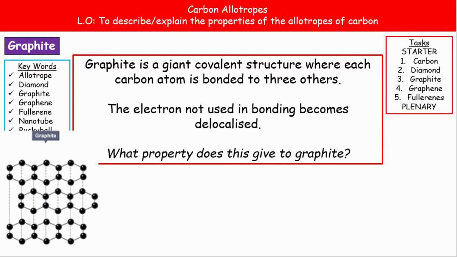So that becomes delocalized. So write down the first 2 sentences, do your little sketch there, and that one I always suggest as just a stack of lines on top of each other to remind you. And then answer the question, what property does this give to graphite?